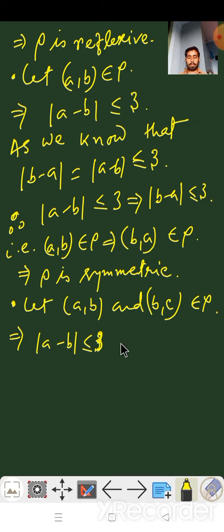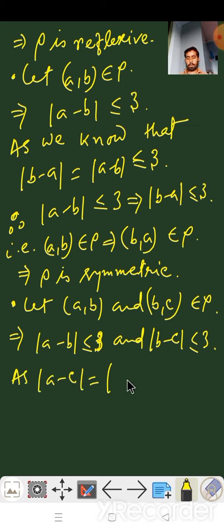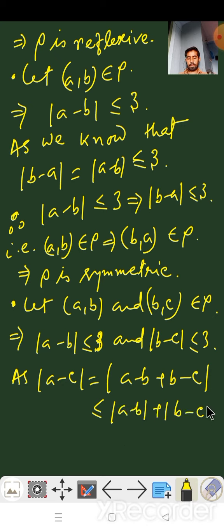By the definition of the relation, the modulus of a minus b is less than or equal to 3, and the modulus of b minus c is also less than or equal to 3. The modulus of a minus c equals the modulus of (a minus b) plus (b minus c), which is less than or equal to the modulus of a minus b plus the modulus of b minus c, which is less than or equal to 3 plus 3, which equals 6.